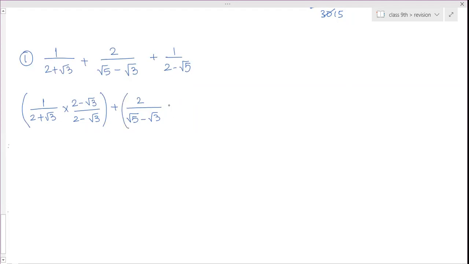So you have to multiply here with root 5 plus root 3 divided by root 5 plus root 3. Again, plus the last fraction, 1 by 2 minus root 5 into 2 plus root 5 divided by 2 plus root 5. Now multiply them separately and find the answer.